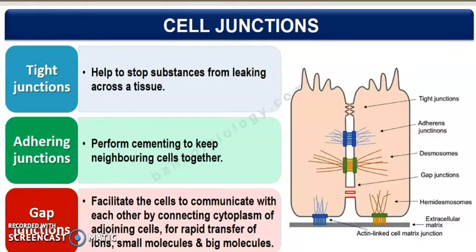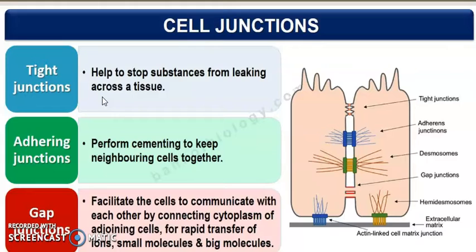You can see in the diagram here the three junctions which are shown in this diagram, children. Let us first see what each of these junctions do and what functions they have in between the epidermal cells. So the first one is tight junction. These tight junctions help to stop substances from leaking across a tissue. So as I said, as the epidermal tissue is acting as boundary or lining, it should not allow all the substances to pass out from it, right?